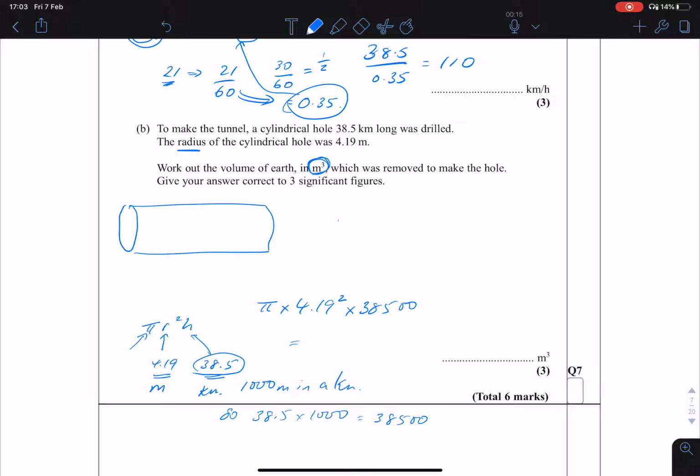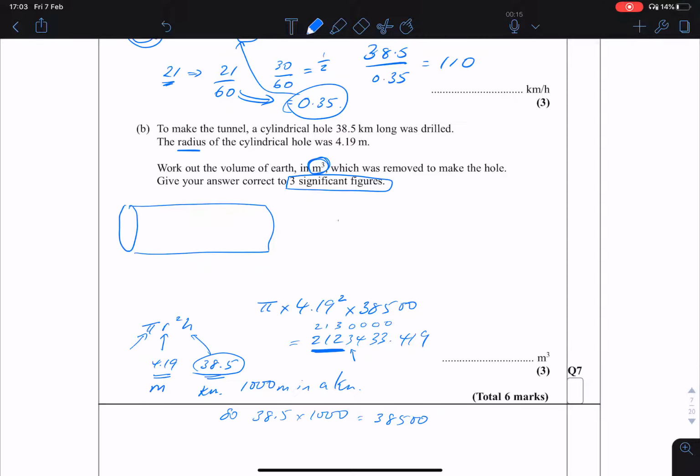Right, the answer is 2123433.419 meters cubed. Now it also says to give it to 3 significant figures. That just basically means you look at the first 3 numbers right here. And the next one, if that was a 5, it would go up, and all the rest would be zeros.